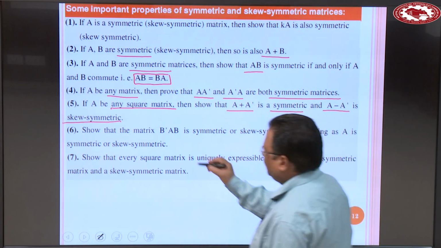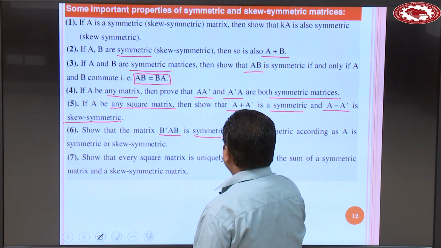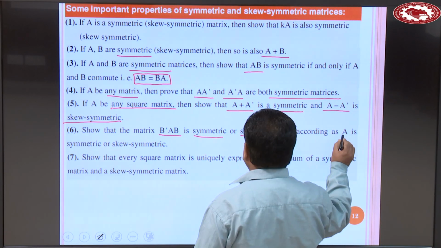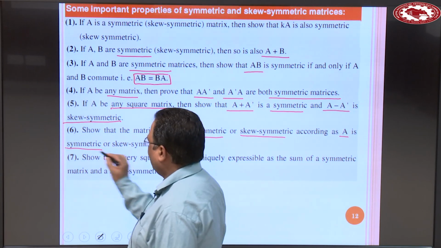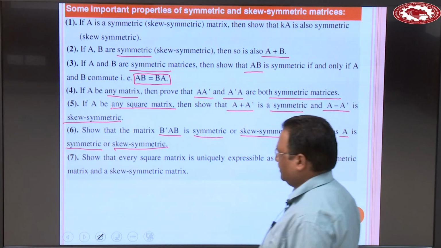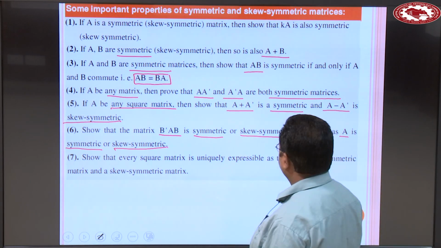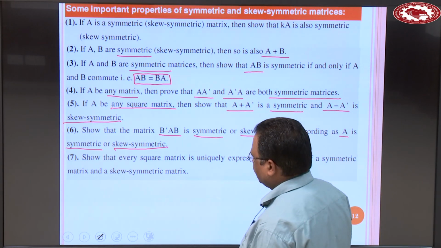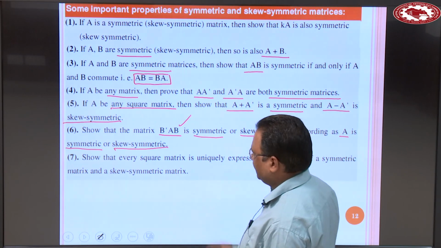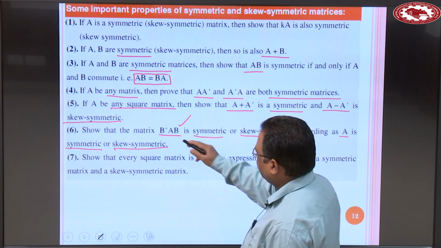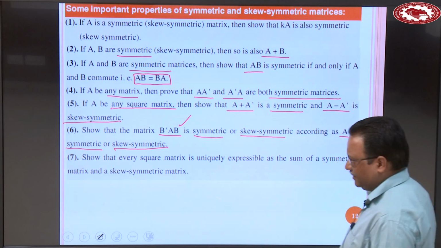And the matrix B dash AB is symmetric or skew symmetric according as A is symmetric or skew symmetric. Okay. So, depending upon this matrix A, if A is symmetric, then this matrix is symmetric. If A is skew symmetric, then this matrix is skew symmetric.